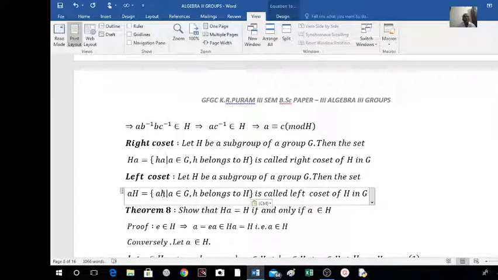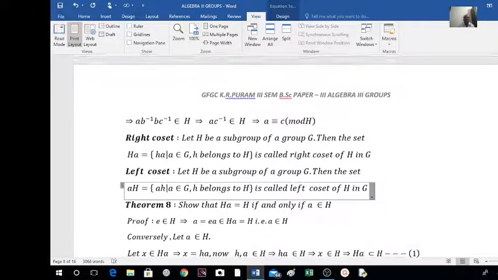Multiply all the elements of H by A, keeping A on the left. This is very important, because AH need not be equal to HA. If G is abelian, then both are the same. If it is a non-abelian group, then AH need not be equal to HA. Therefore we call this the left coset. If G is abelian, every left coset is the same as the right coset. Okay, this is the definition of the coset.